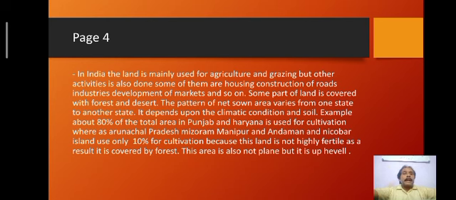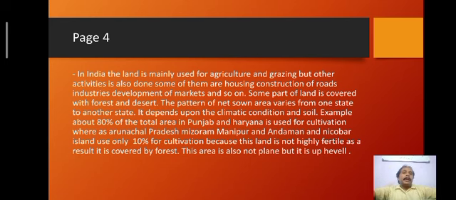Some part of land is covered with forest and desert. So the pattern of net sown area. Net sown area means all those areas where agricultural activities are done not only through the monsoon but also with the use of modern techniques. The pattern of net sown area varies from one state to another. It depends upon the climatic condition and the fertility of the soil.